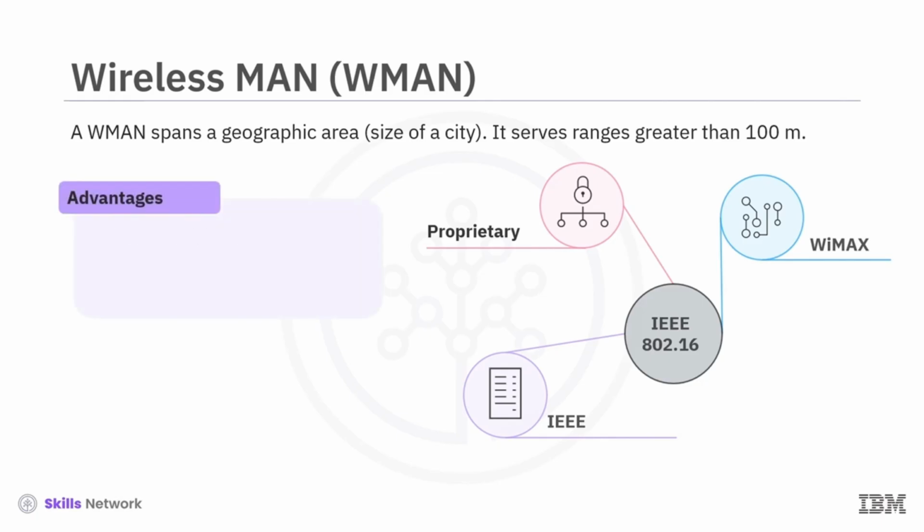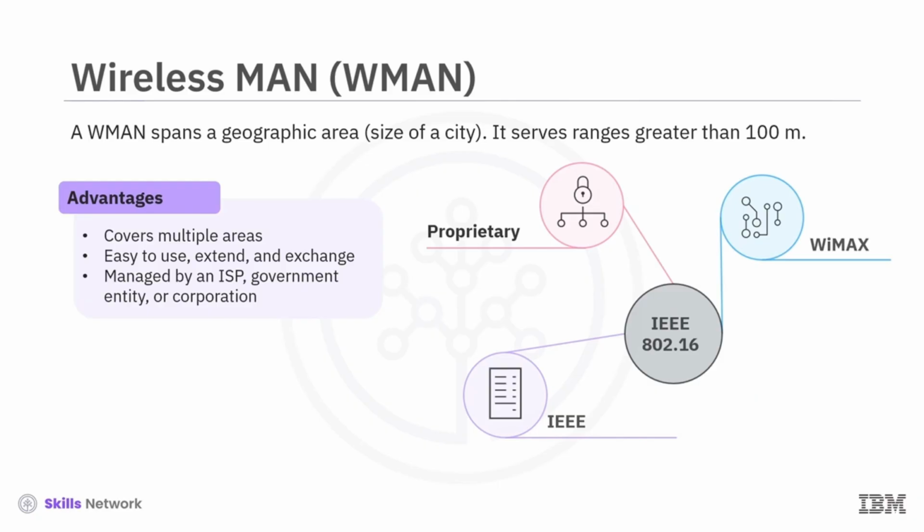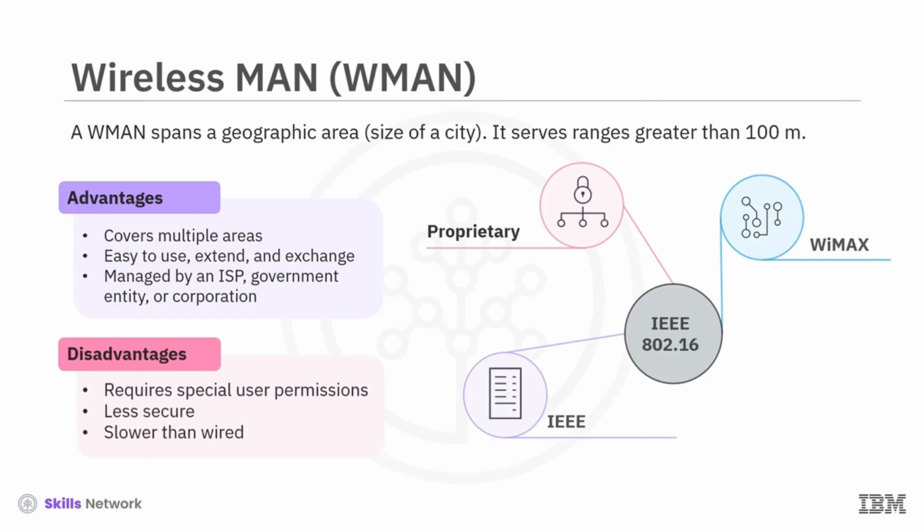Advantages include covers multiple city locations, easy to use, extend, and exchange, and managed by an ISP, government entity, or corporation. Disadvantages include requires special user permissions, less secure, and slower than wired.